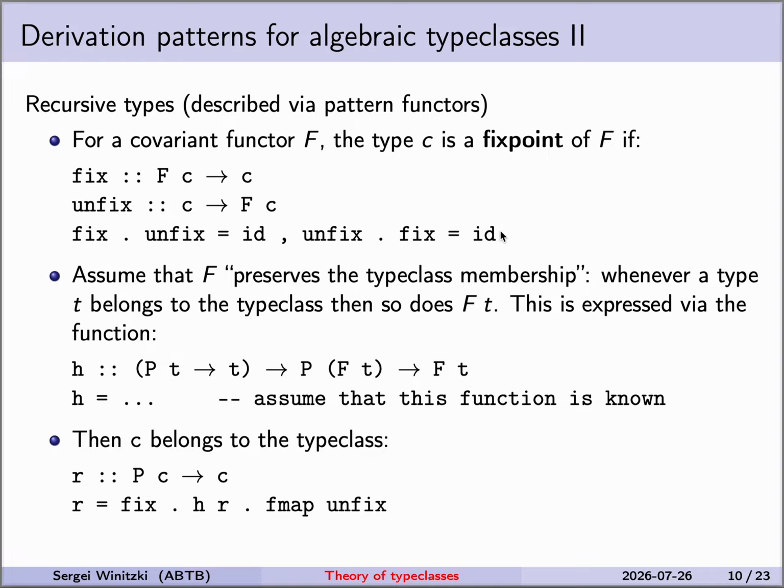At this point, we cannot prove that the recursion terminates, because maybe it will terminate for some fixed points, not for others, or maybe if you have lazy evaluation, it will terminate, but if you have strict evaluation, you won't terminate. This is beyond the scope of what we're doing here. We just check that in case everything converges and is sufficiently lazy, then we can implement a type class evidence for R, for C, for the fixed point.